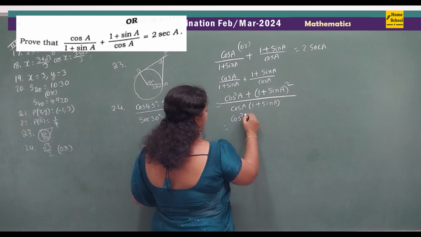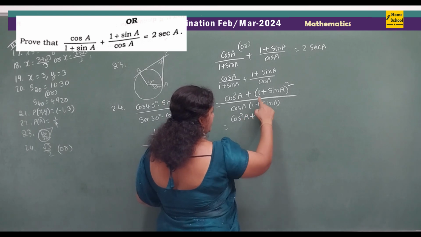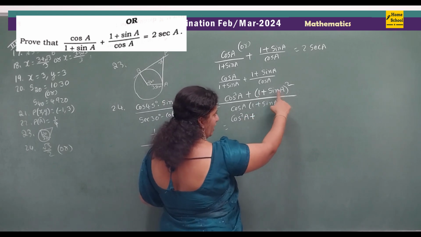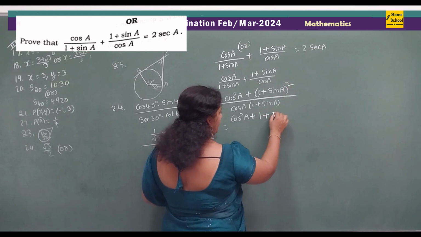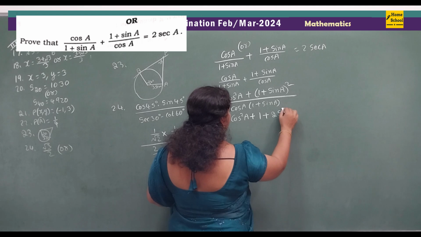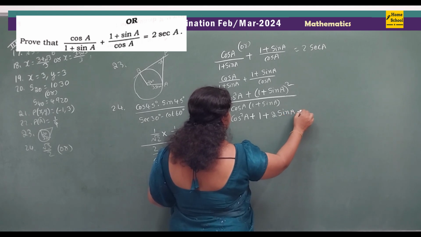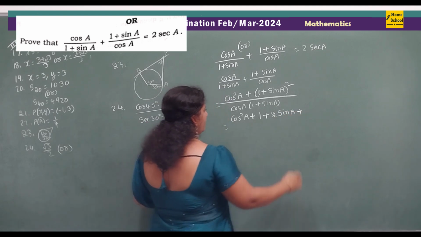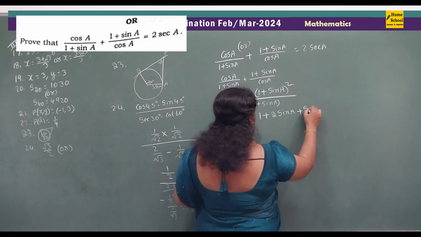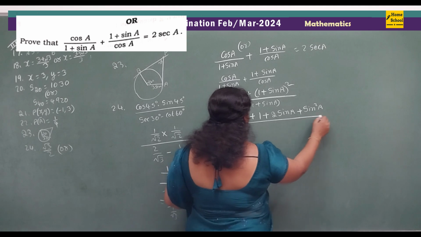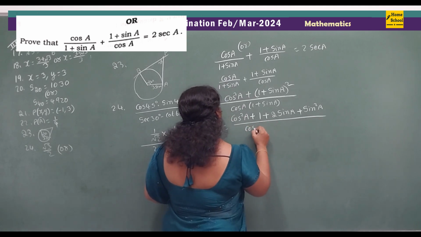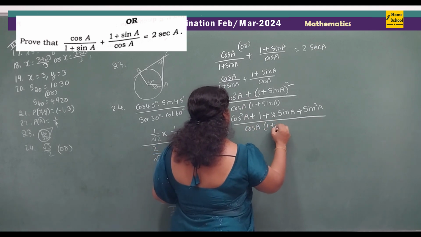Cos square A plus, this is in which formula? A plus B whole square, A square plus 2ab, that means 2 into 1 into sin A, that is 2 sin A, plus B square, sin square A, by cos A into 1 plus sin A.